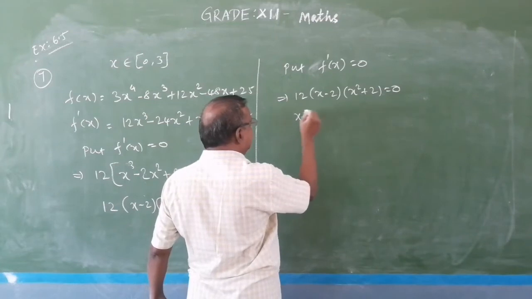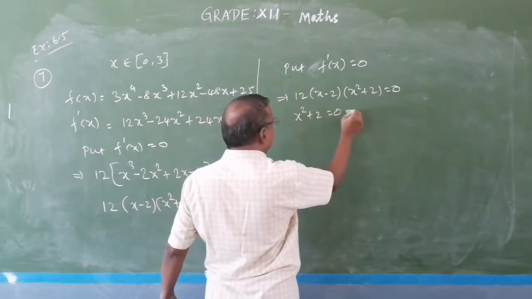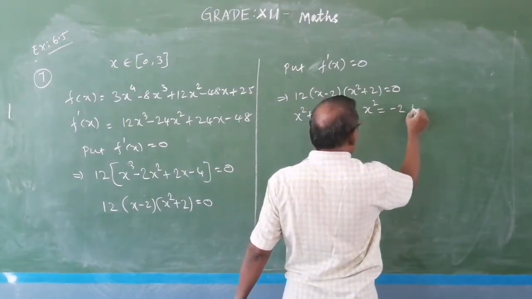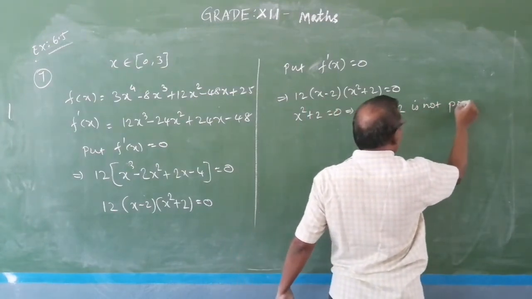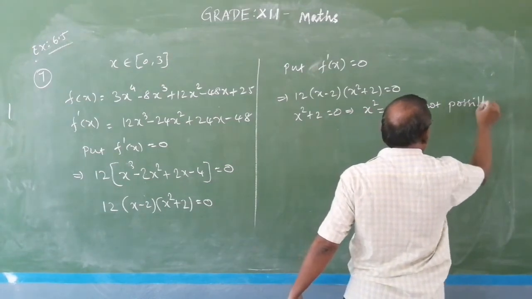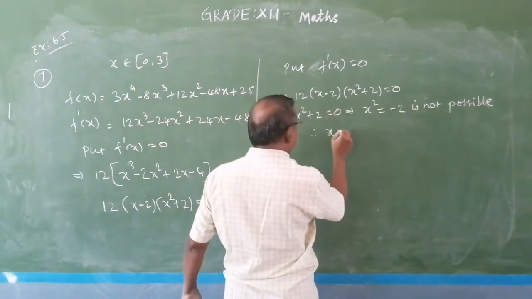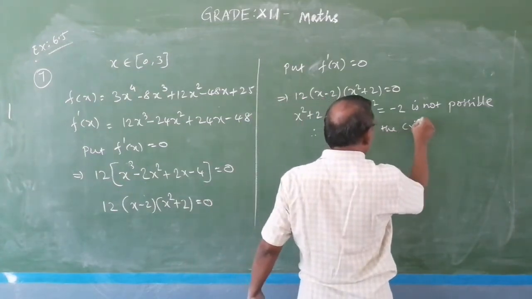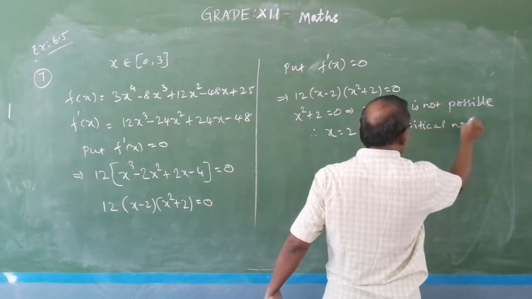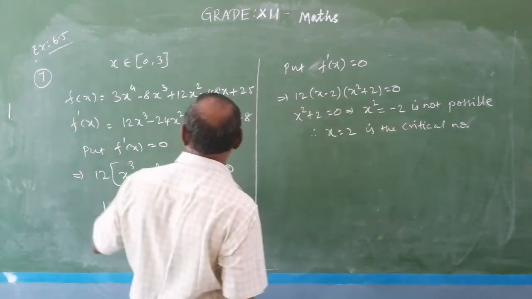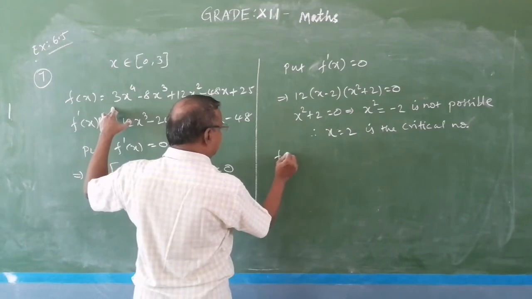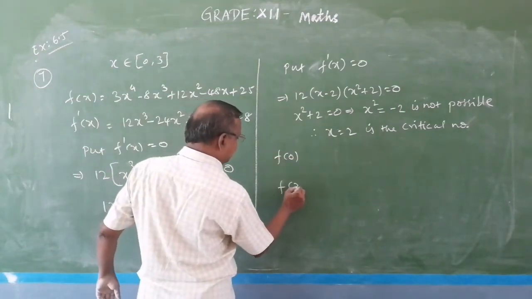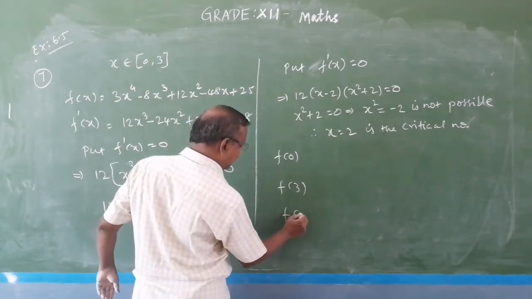Here the factor x square plus 2 equal to 0 gives imaginary roots, x square equal to minus 2 is not possible. Therefore, x equal to 2 is the only critical number. Now, we need to find the value of f of 0 and f of 3 and also f of 2.